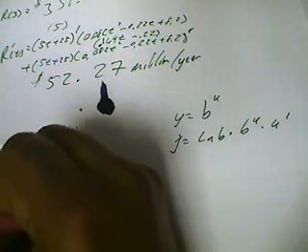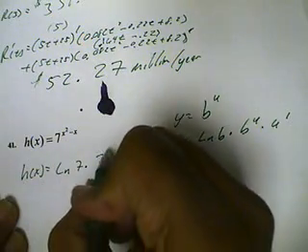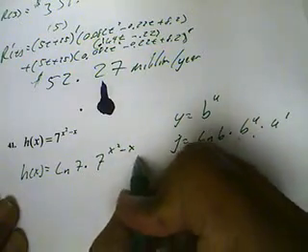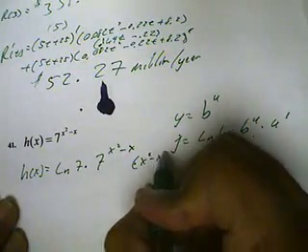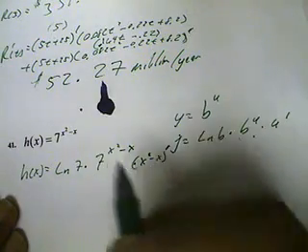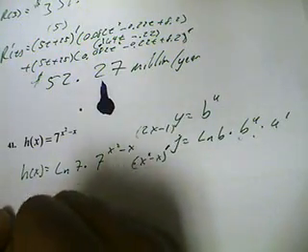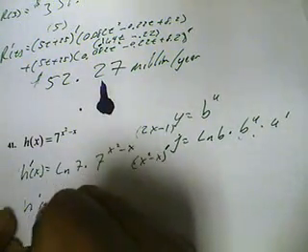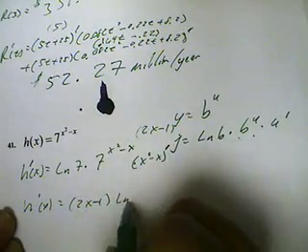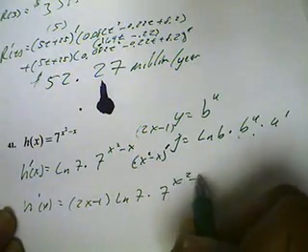So the derivative of this will be natural log of 7 times 7 to the x squared minus x, that's the b to the u, and then times the derivative of x squared minus x. Now the derivative of x squared minus x will be 2x minus 1. So our final answer for the derivative will be 2x minus 1, I'll put up front, natural log of 7, and times 7 to the x squared minus x.